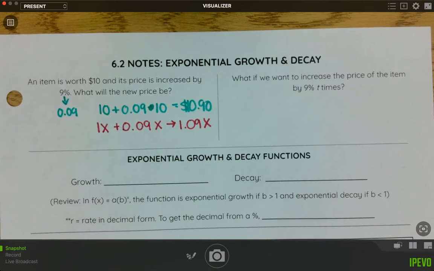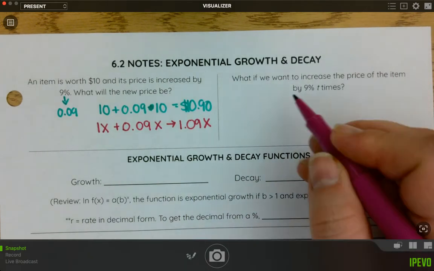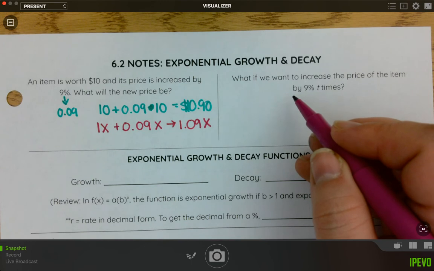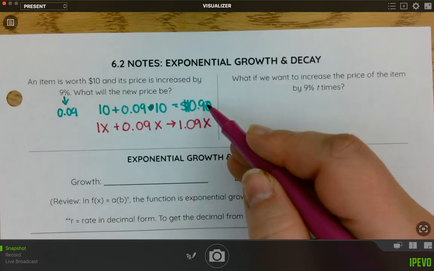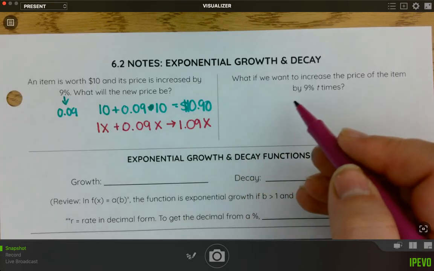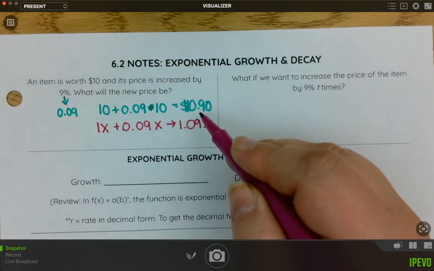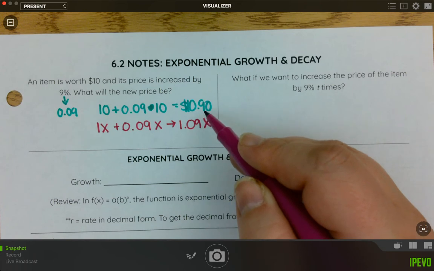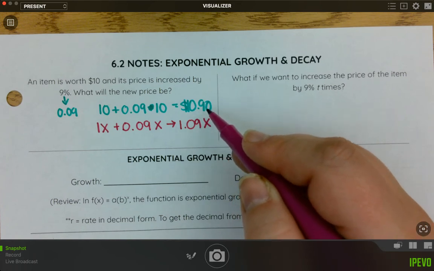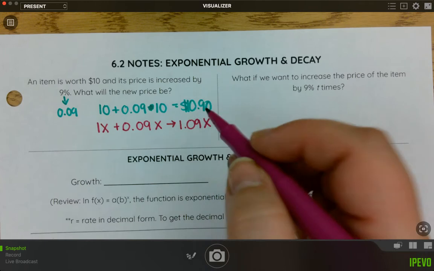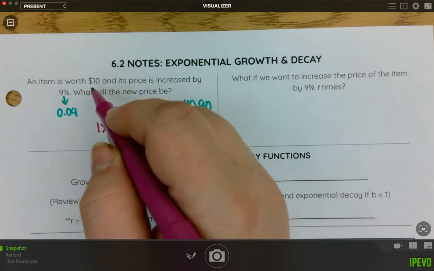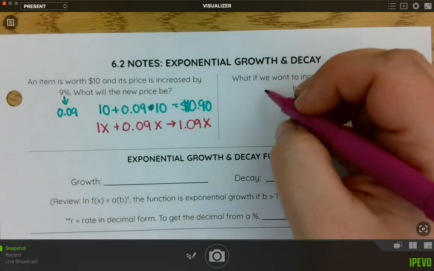That helps us because if we wanted to increase the price of the item by 9% multiple times, that doesn't just add 90 cents every time, because now the next one we would be taking 9% of this number and adding it. So 9% of $10.90 is different than 9% of $10. I'm sorry, I think I said 90% at one point.